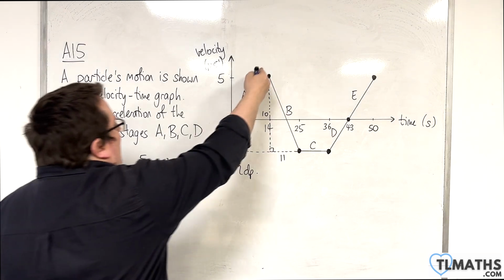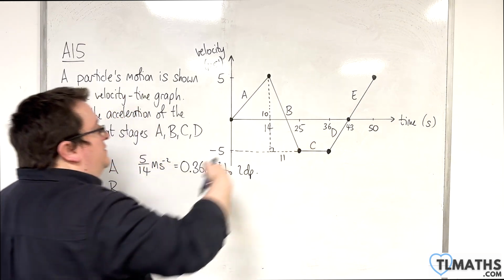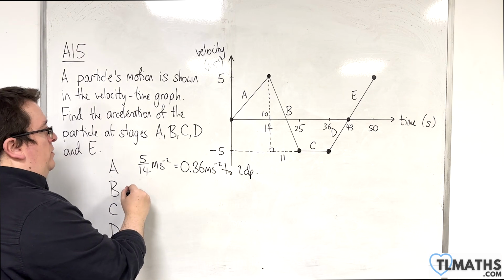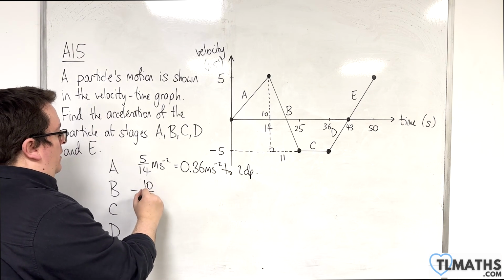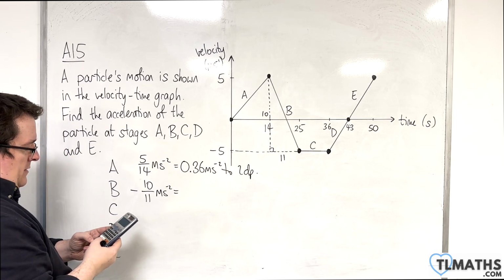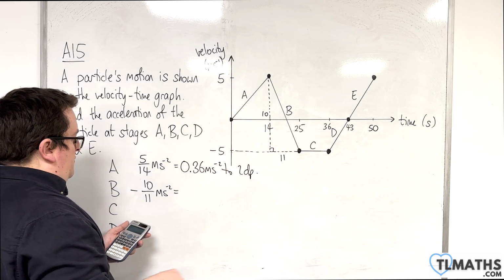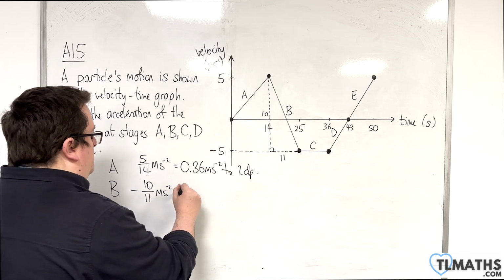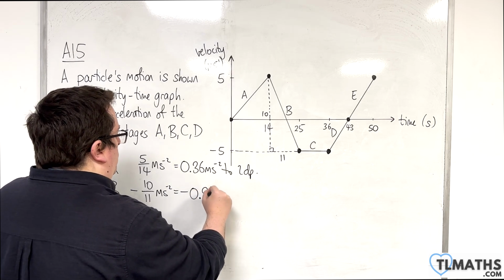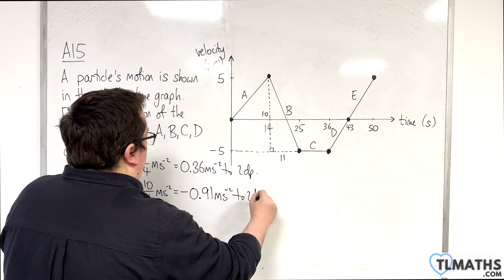So that will be 10 divided by 11, and because it's a negative gradient, it's a negative acceleration, so -10 over 11 meters per second. So 10 divided by 11 is 0.909090, so that's 0.91, so minus 0.91 meters per second to 2 decimal places.